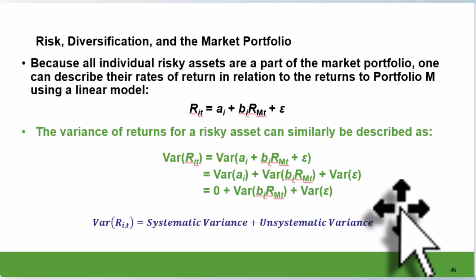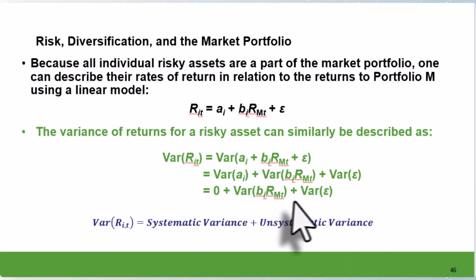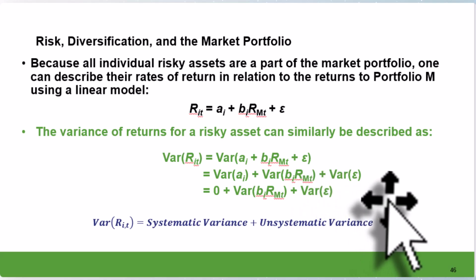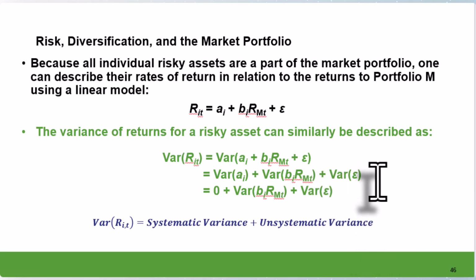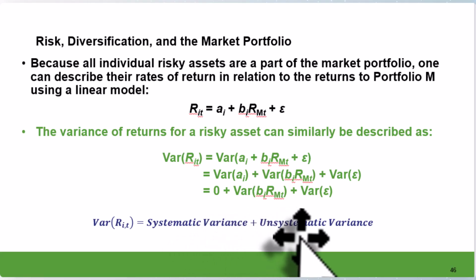So we need to know the variance of alpha, we need to know the variance of this market relationship, and we need to know the variance of the risk that's taken. So the overall variance of an asset has two parts, systematic variance and unsystematic variance.